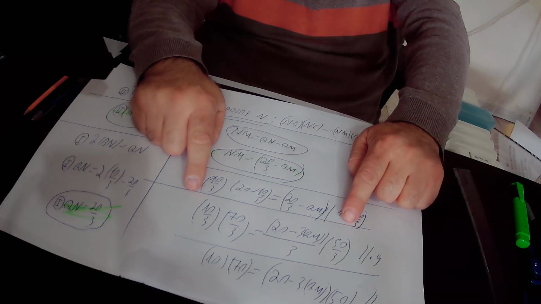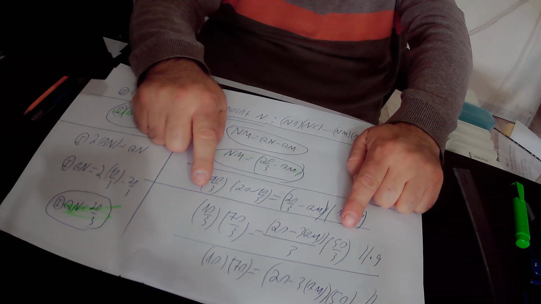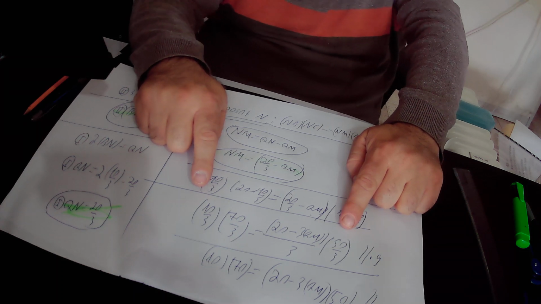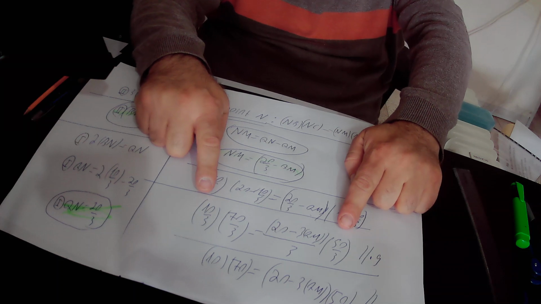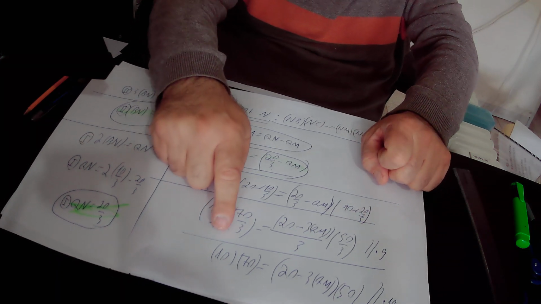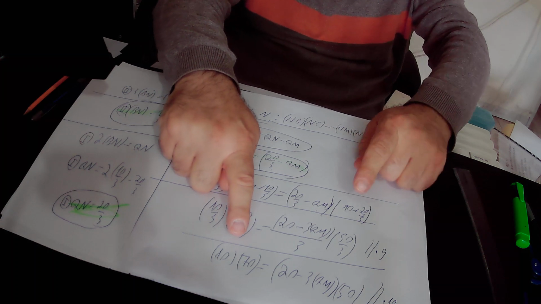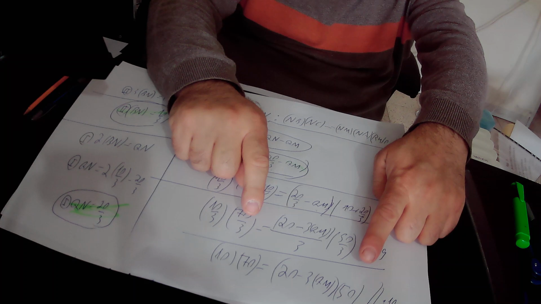On both sides of the equation, in the denominator we have 3 times 3, that is 9. Therefore, we multiply the equation by 9 to eliminate the denominator. After that, on this side we are left with 10 times 70, which equals 20 minus 3 QM times 50.